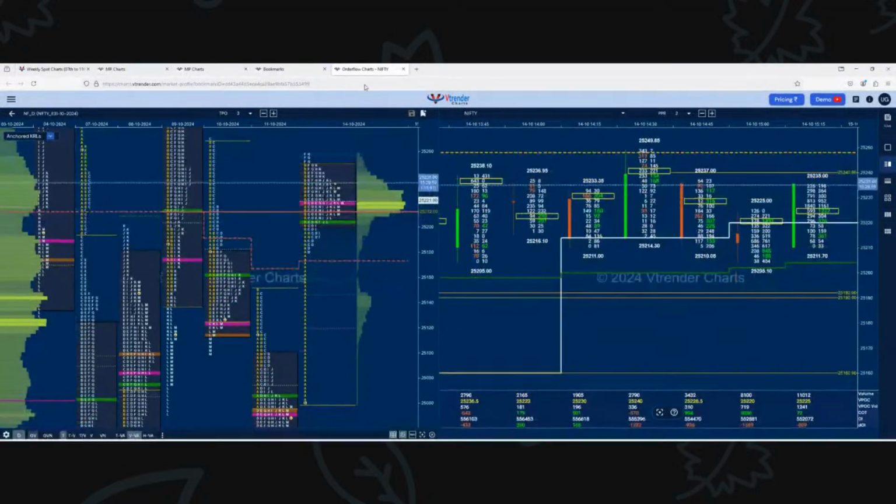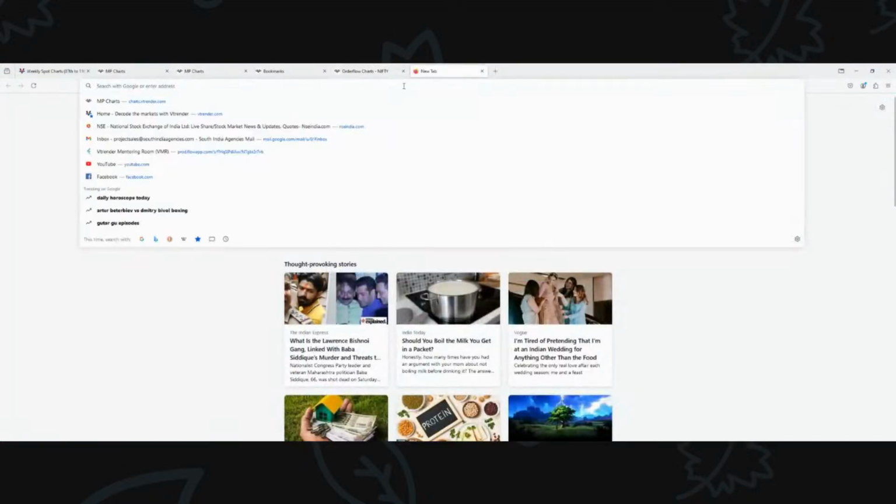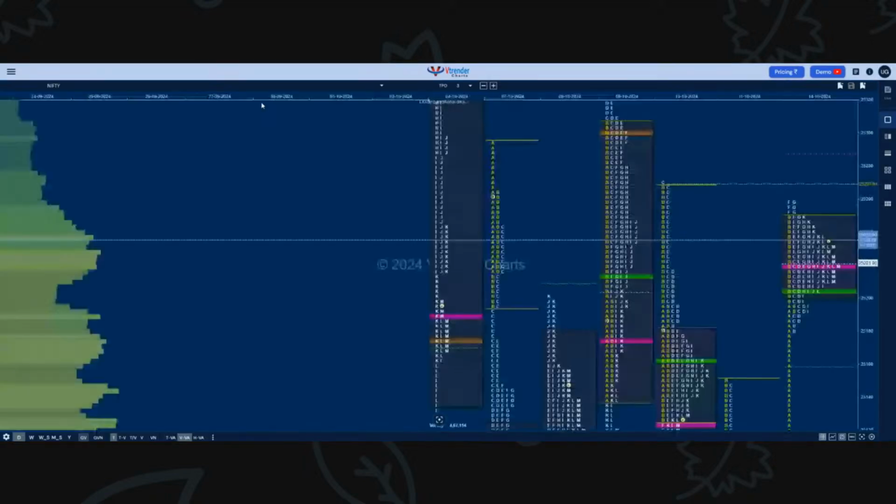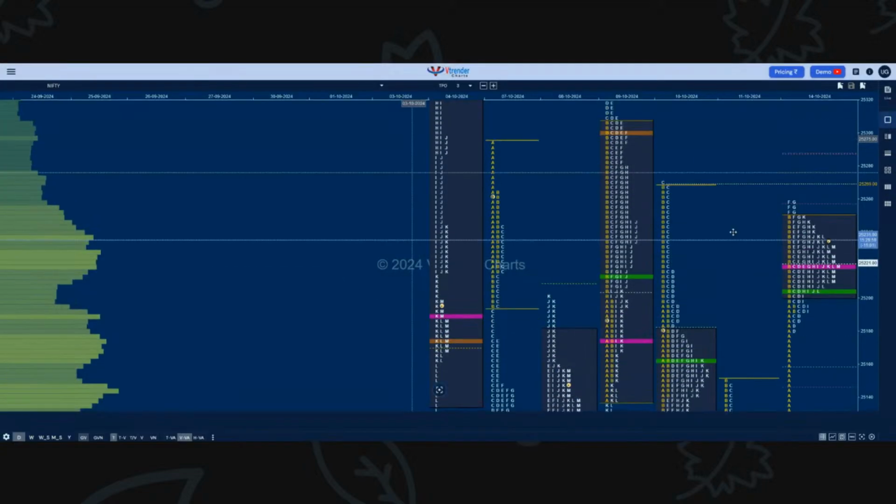So let us now have a look at the 24,800 call. In fact, that was at the open, after which we had shifted to the 25,000 call because it was more in the money.